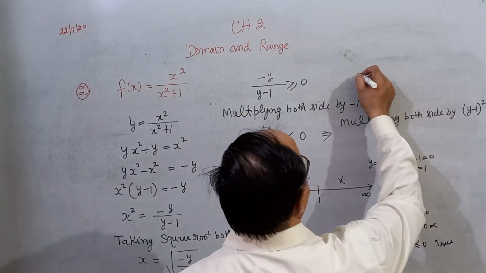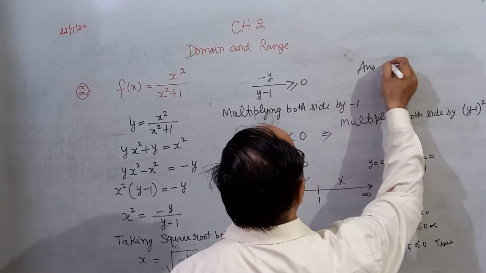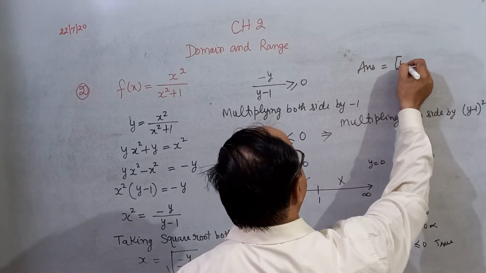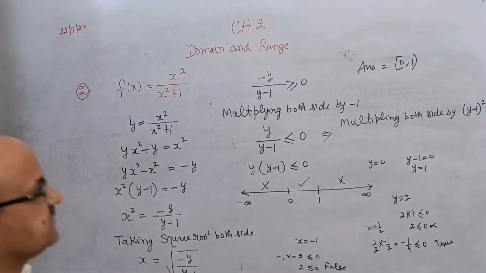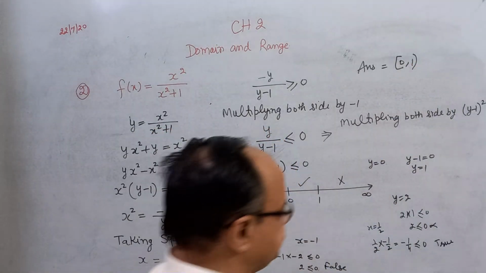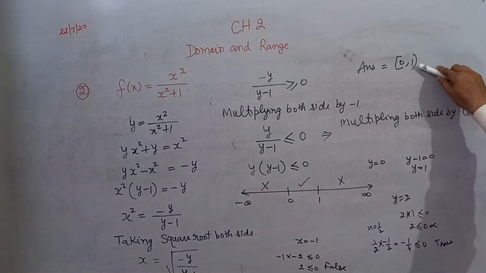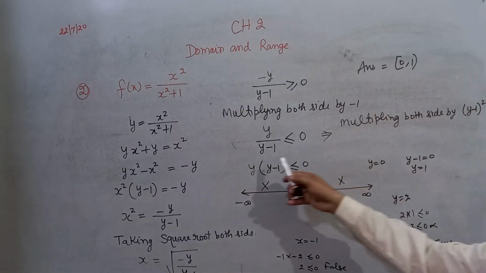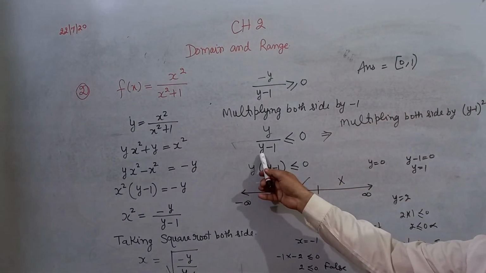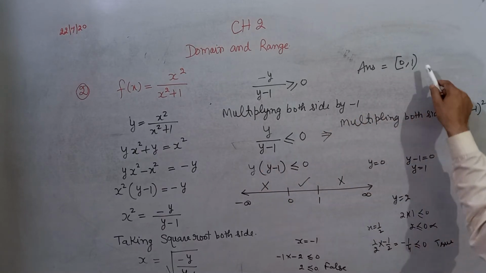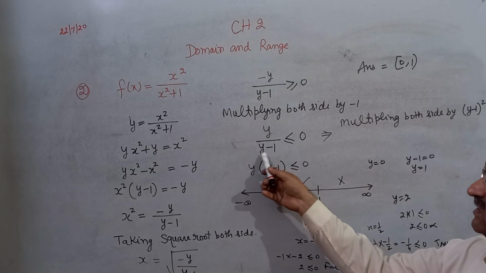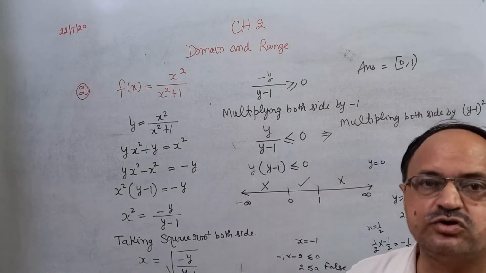The answer of this question is 0 to 1. Here it is an open interval, because we can't take y equal to 1. 1 is not included. If 1 is included, then 1 minus 1 is 0, so something by 0 is not defined.